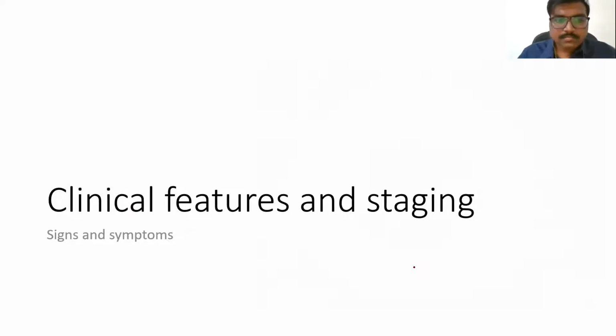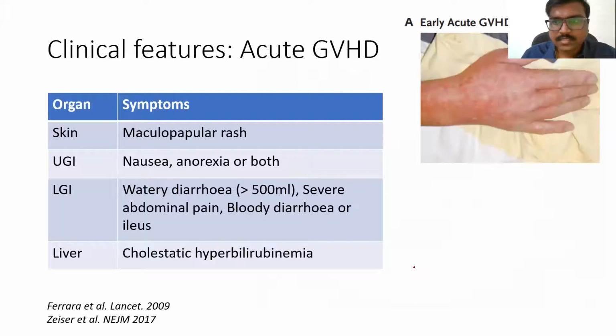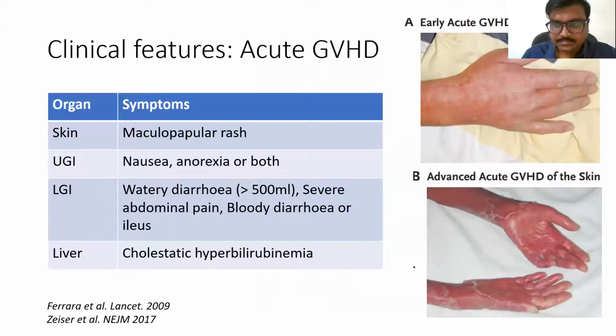What are the cardinal clinical features? GVHD can affect multiple organs, including the GI tract. The most important organ system is the skin involvement. Usually it is a maculopapular rash involving predominantly the palms and soles, and upper GI manifestations. It can start from the oral cavity.